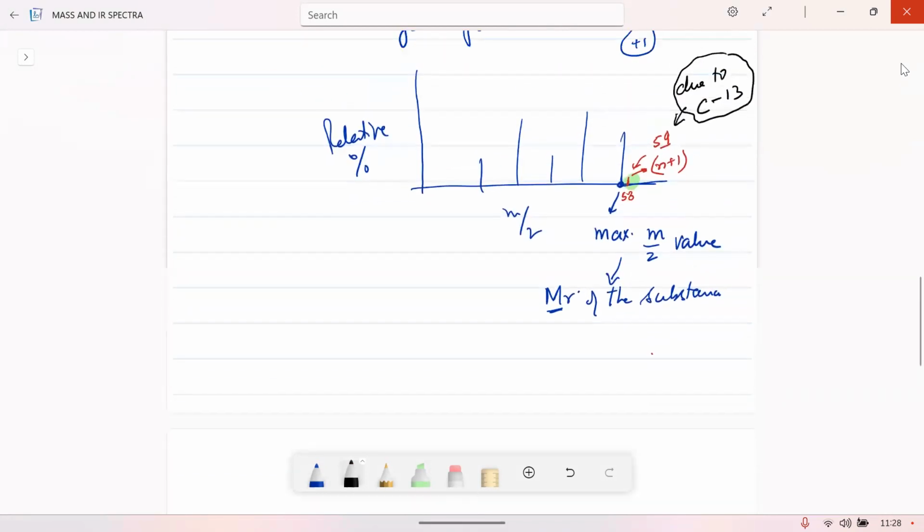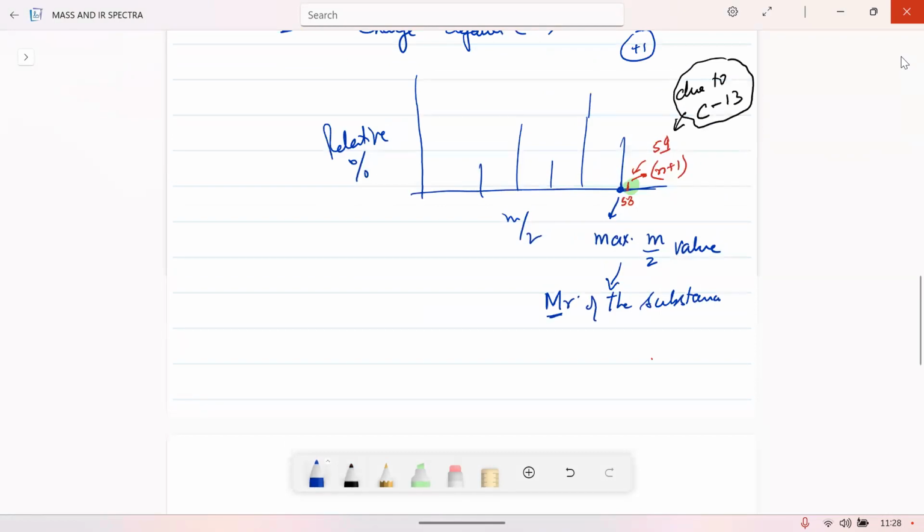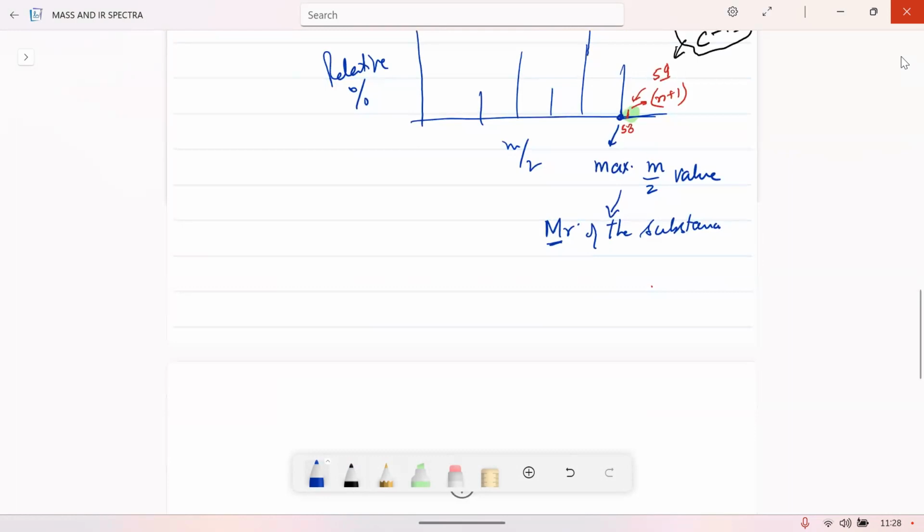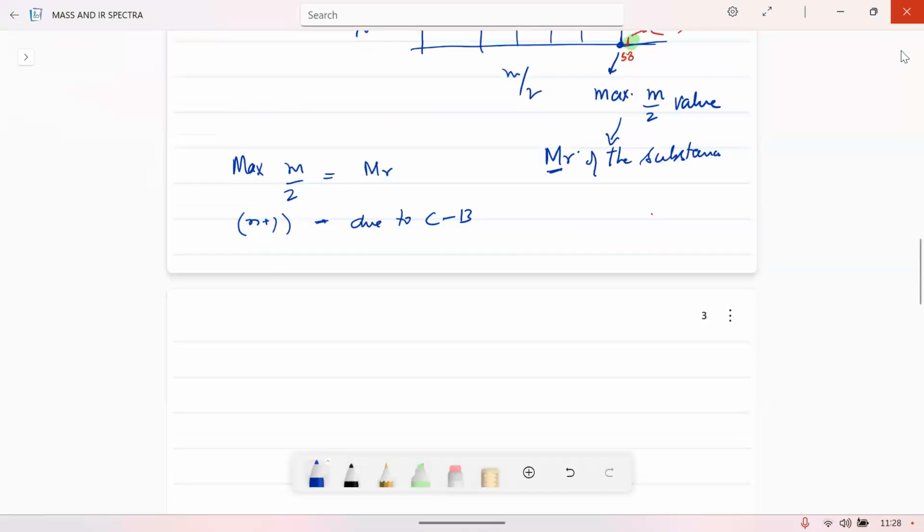So right now, you know two things: the maximum m by z value gives you the MR. The n plus 1 peak is due to C13, and the maximum height, that means the intensity of the peak, represents the most stable ion.